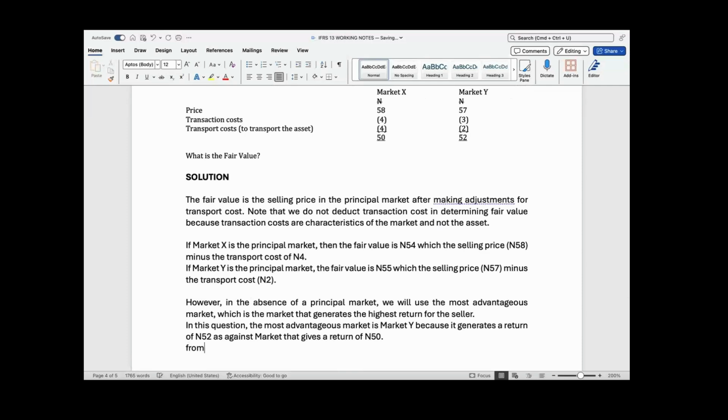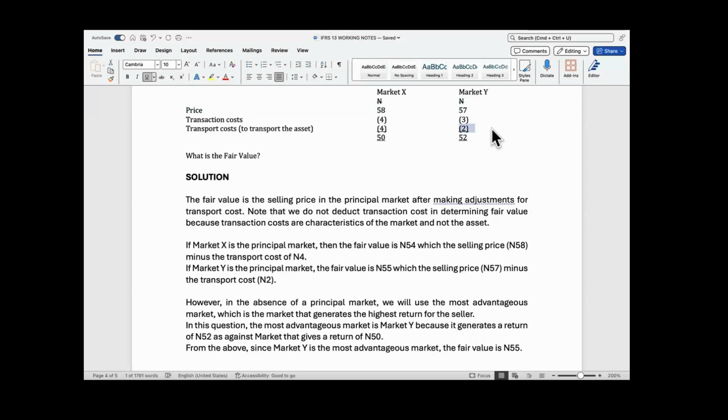Now, from the above, since market Y is the most advantageous market, the fair value is 55 naira, which is the selling price minus the transport cost.